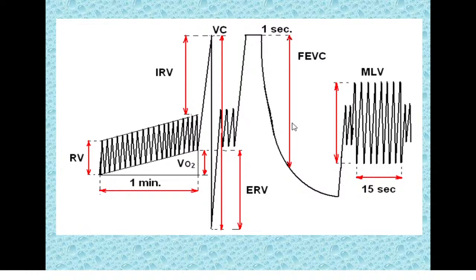Forced expiratory volume is needed for diagnosis of the obstructive type of lung failure, and is the main diagnostic index of bronchial asthma and chronic obstructive lung diseases. And at last, we'll ask the patient to breathe as deeply and fast as possible to check the protective, compensatory response of the lung, maximal lung ventilation.